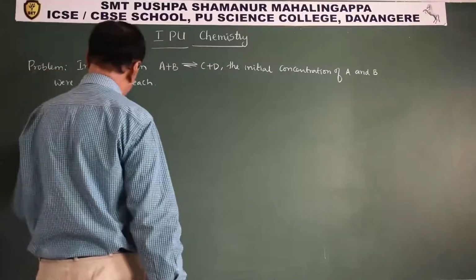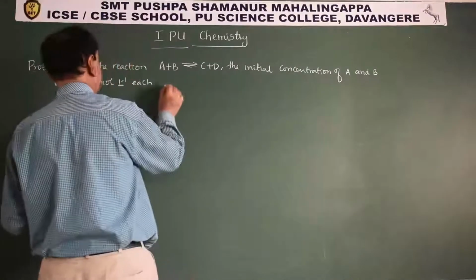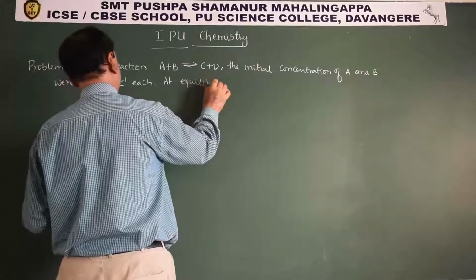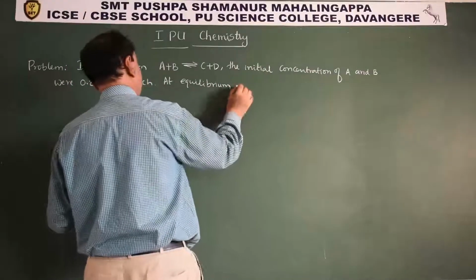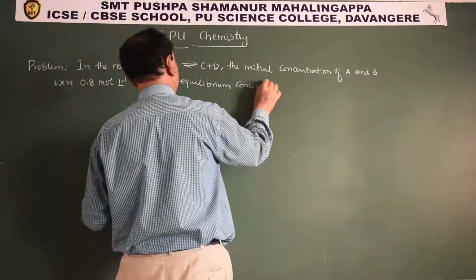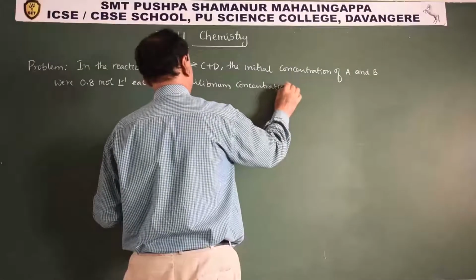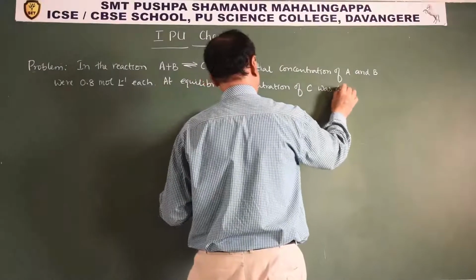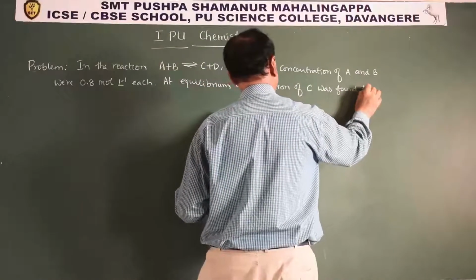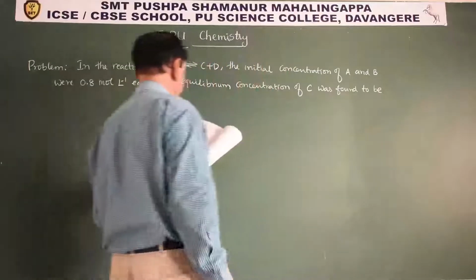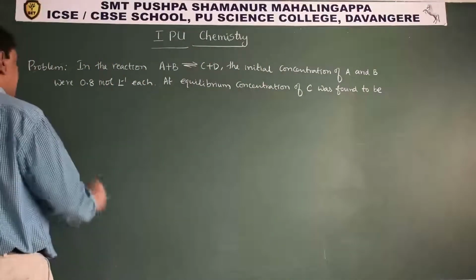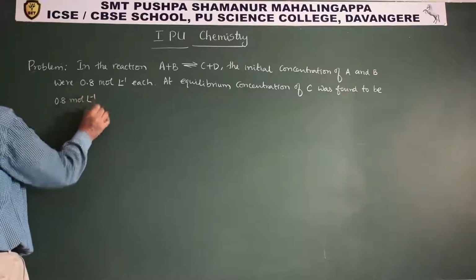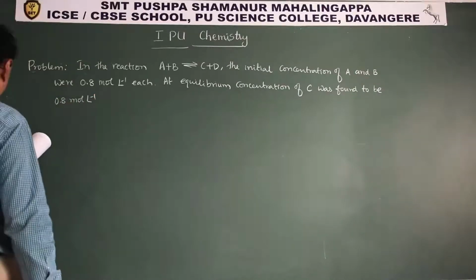At equilibrium, the concentration of C was found to be 0.6 mole per liter.